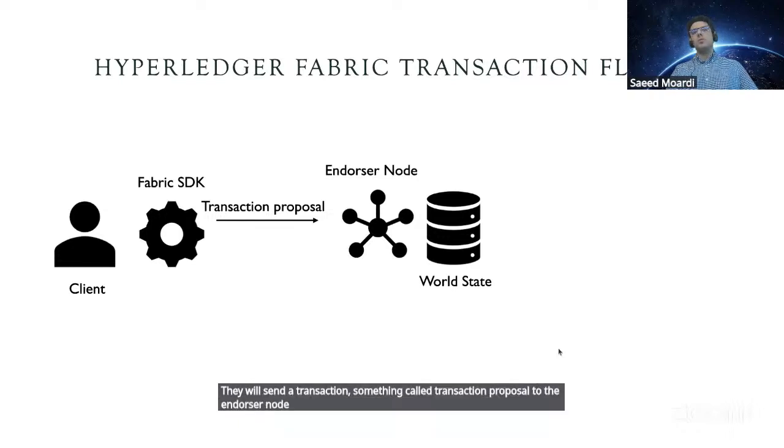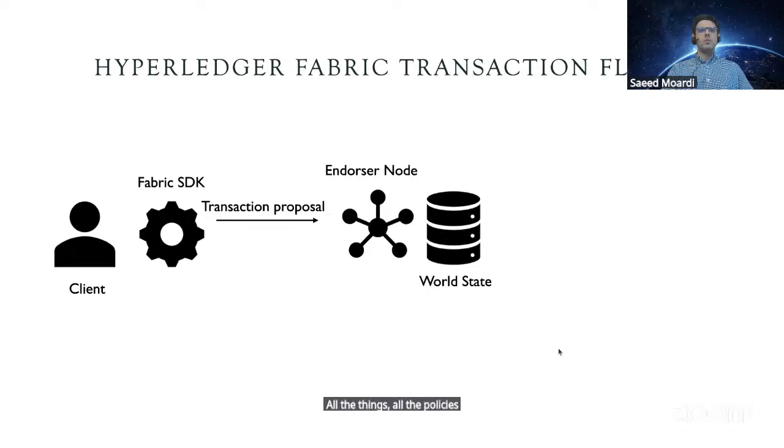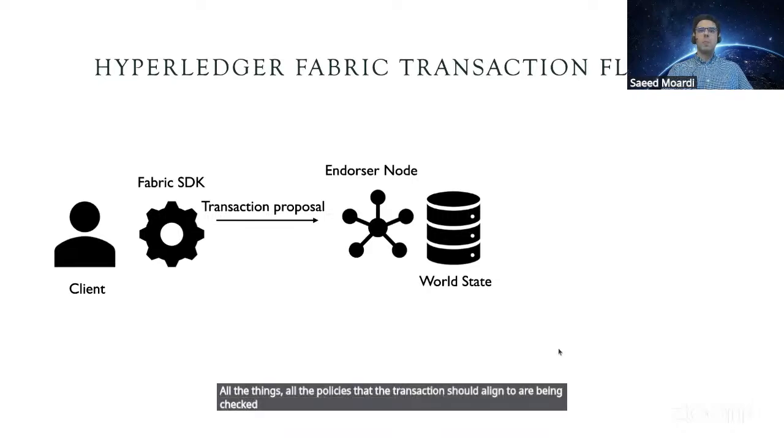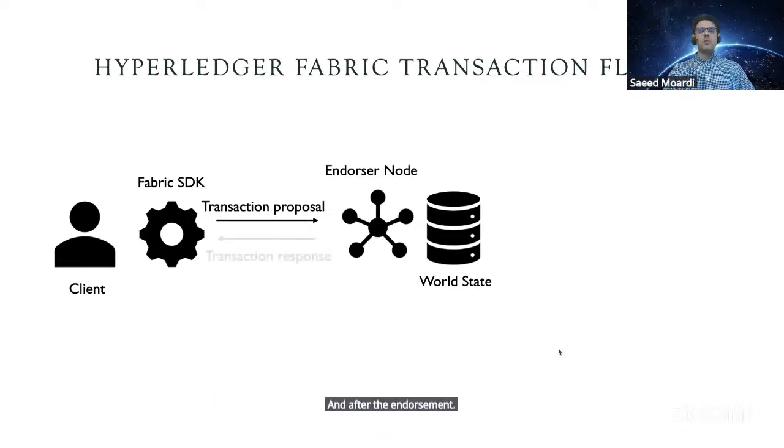The endorser node is a component in Hyperledger Fabric responsible for endorsing and validating the structure of the transaction, who is sending it, and how they are sending it. All the policies that the transaction should align to are checked by the endorser node. After the endorsement, the transaction response will be sent back to the client.